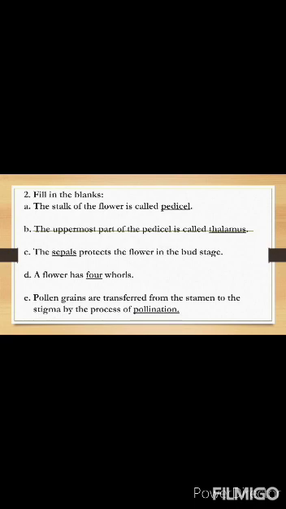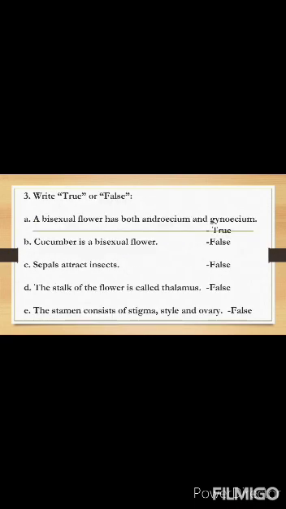Answer is pollination. Next one, write true or false. A. A bisexual flower has both androecium and gynoecium. Answer is true. B. Cucumber is a bisexual flower.